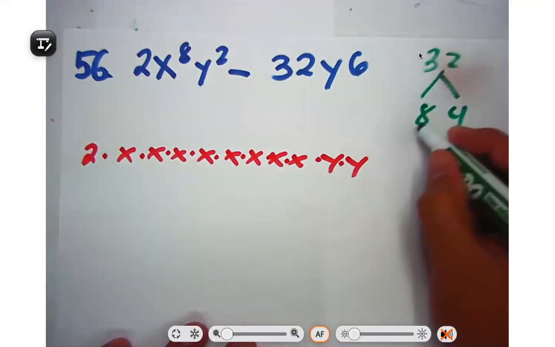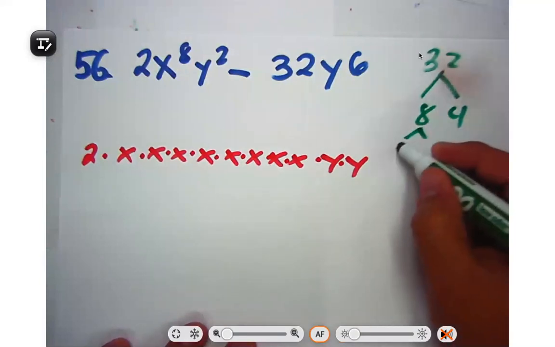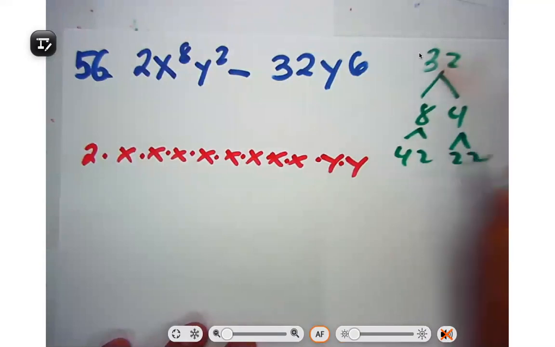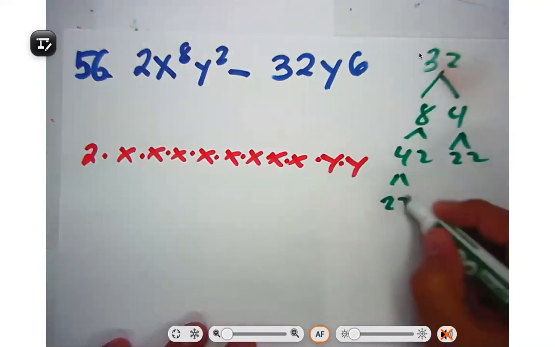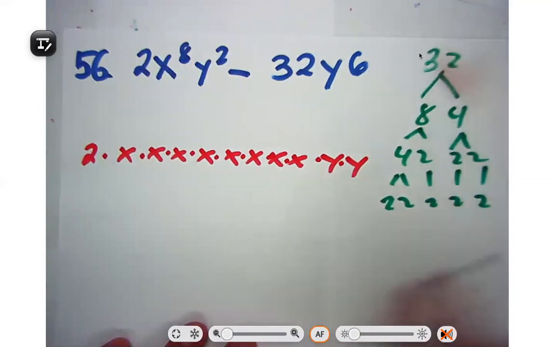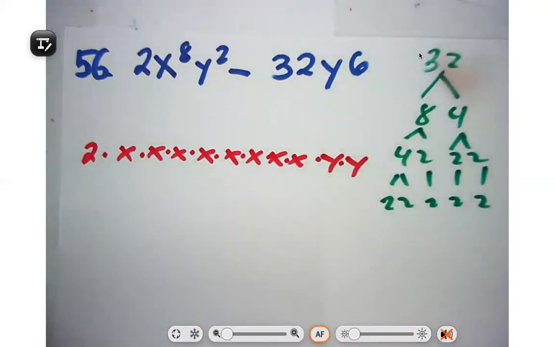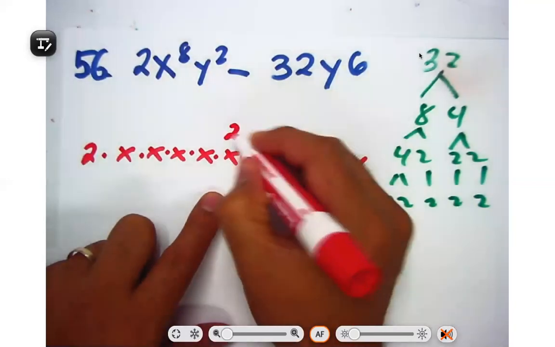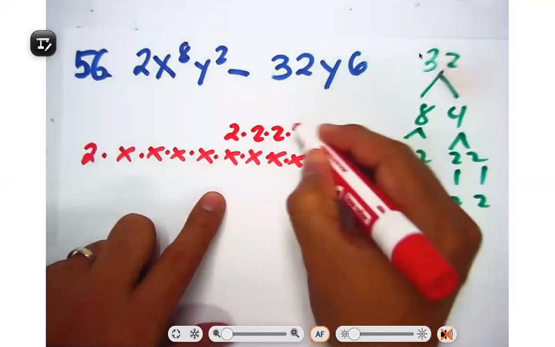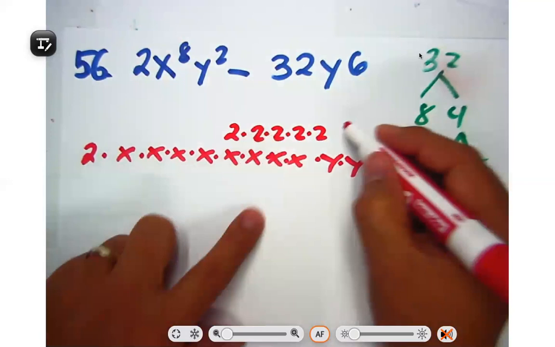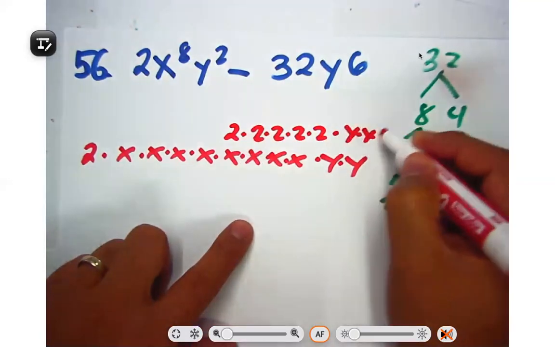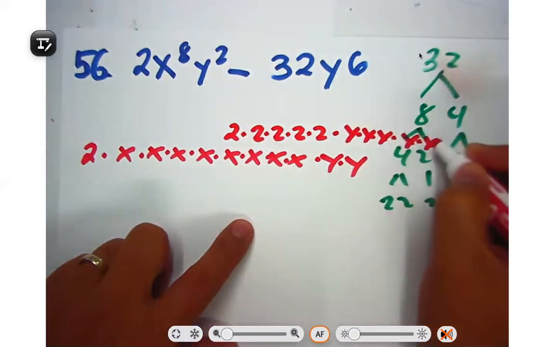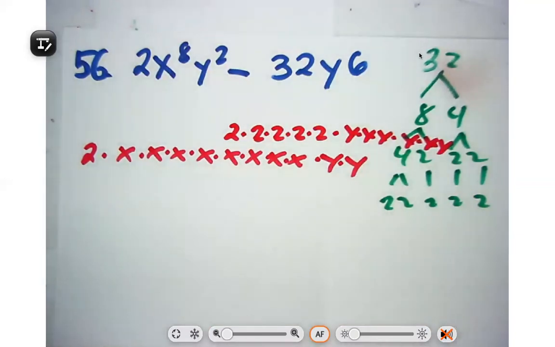And then 8 is 4, 2, 4 is 2, 2, bring down 2, bring down 2, bring down 2. How many 2's? 5. Wow, that's a lot. So let me write here 2, 2, 2, 2, 2. And then y raised to 6, we have 6 y's.